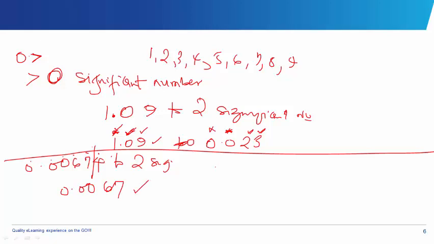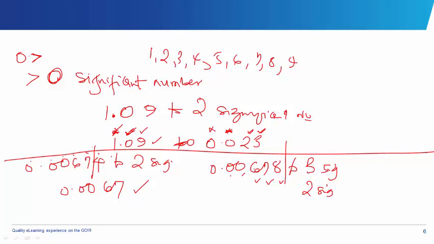Now let's take another example. 0.00678 to 3 significant figures. This is not significant, this is not, this is not, this is a significant figure. So this is already a 3 significant figure number. But we are told to convert this to 2 significant numbers.